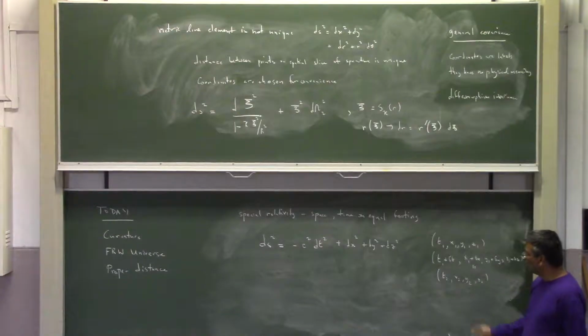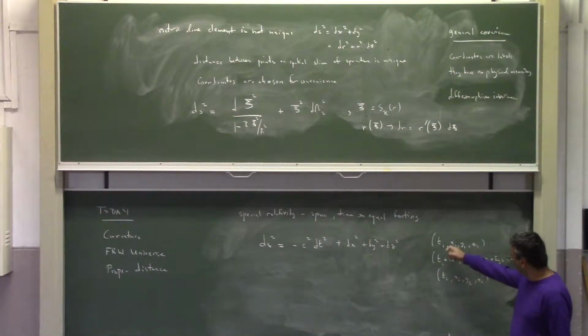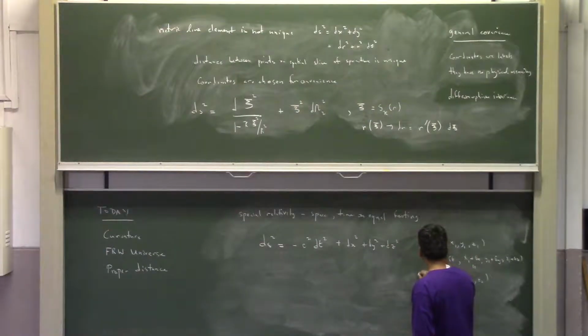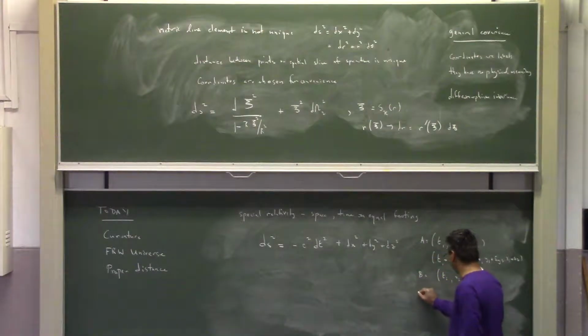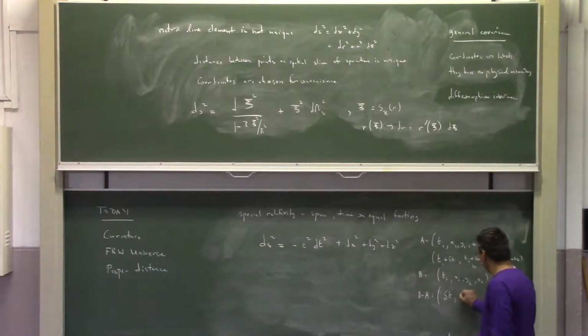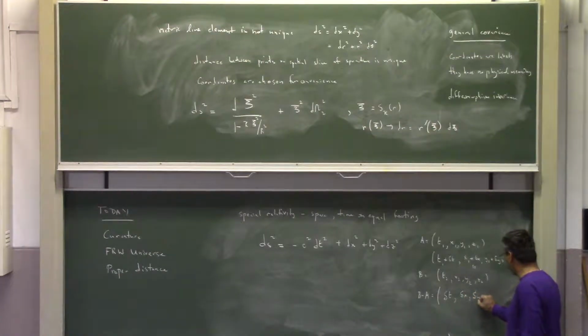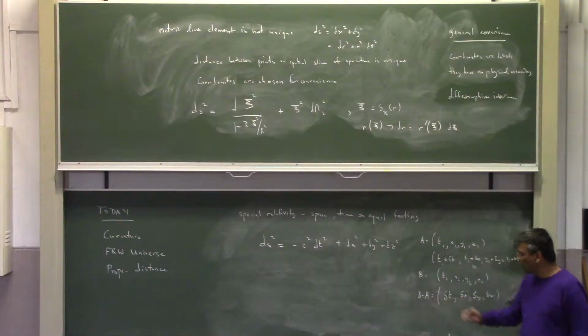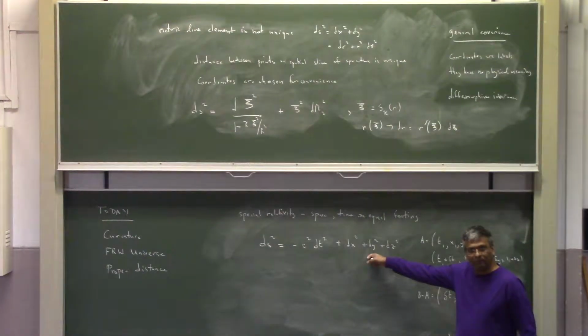This is point A, this is point B. So the difference between B and A is delta t, delta x, delta y, delta z. To measure the space-time distance between the points B and A, you plug these into here.